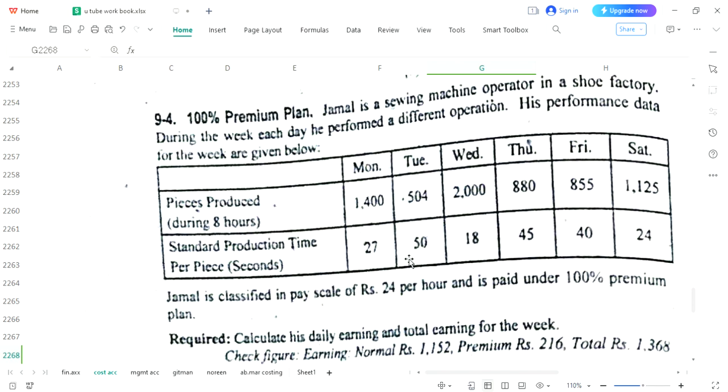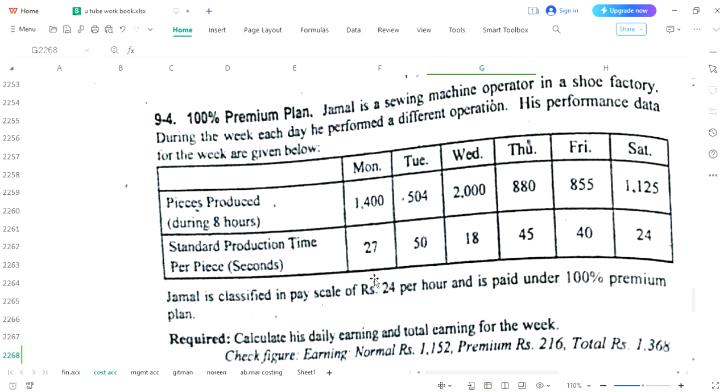That means every day he gets a new challenge, a new standard, and he will follow accordingly. Standard time per piece is in seconds. On Monday he was given a standard of producing one unit within 27 seconds. We will use it to make our standards as well. Pay scale is 24 per hour under a 100% premium plan.